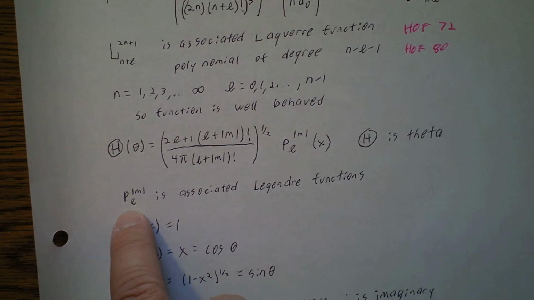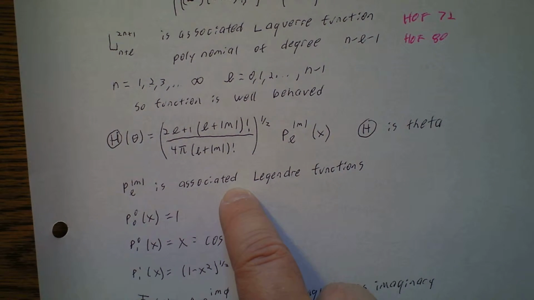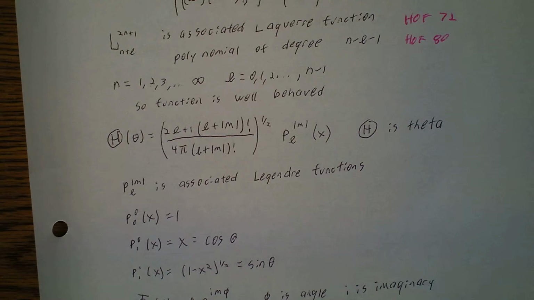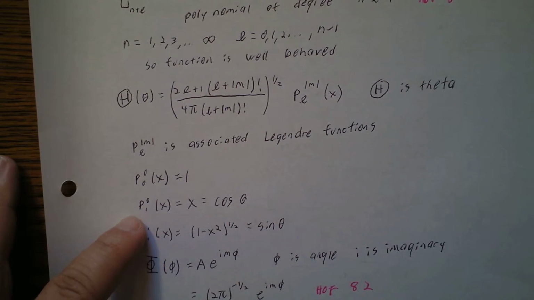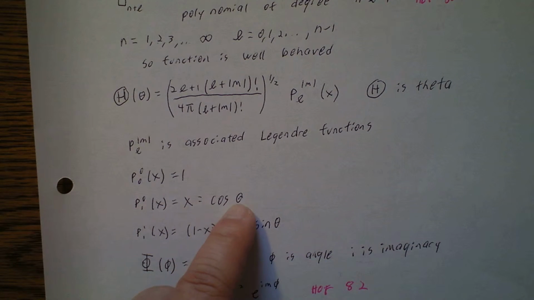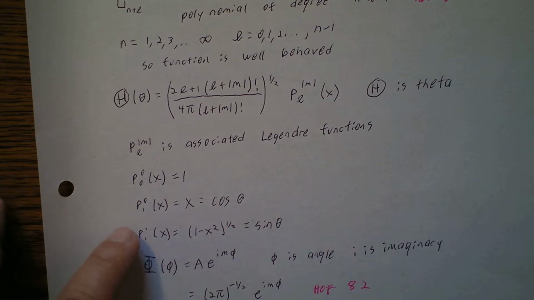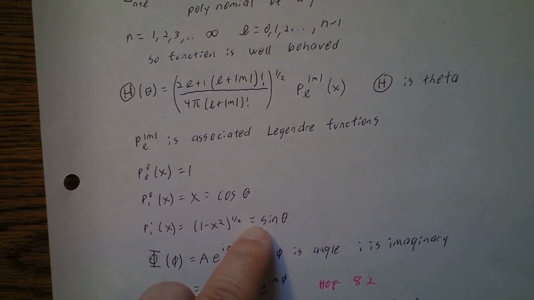So this P of l to the m, that's the associated Legendre functions. So we get P 0,0 of x is equal to 1. P 1,0 of x is equal to x, which is cosine theta. And P 1,1 of x is equal to the square root of 1 minus x squared, and that's equal to sine theta.